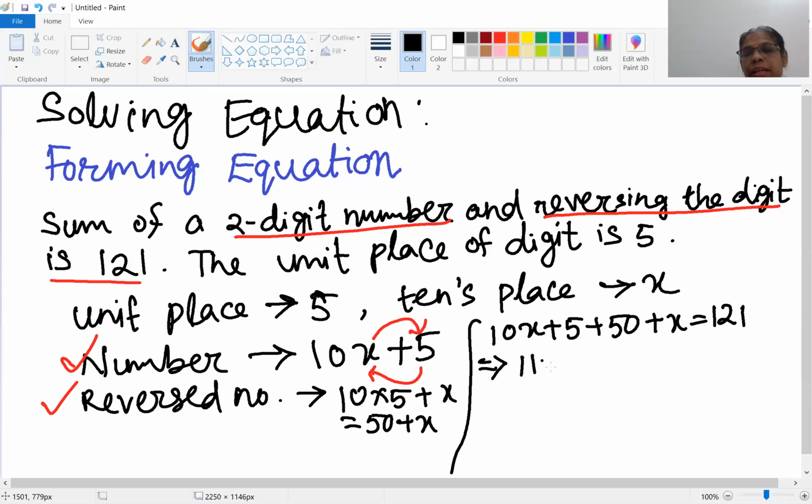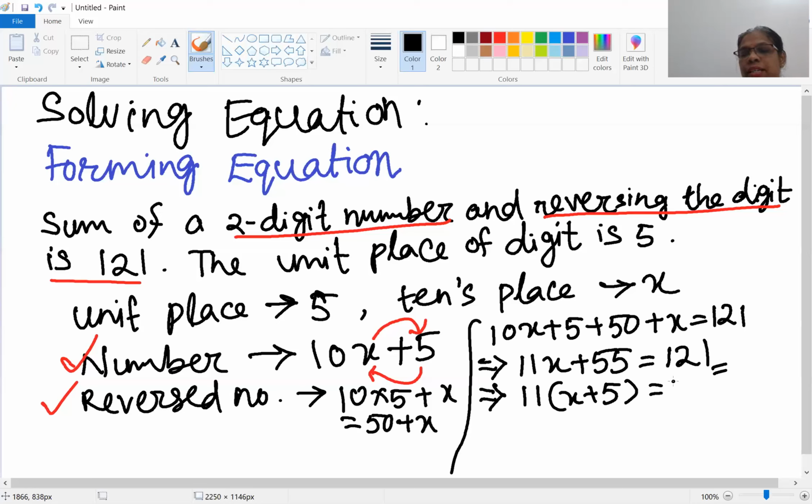Here 11x plus 55 is equal to 121. I am taking 11 common: 11 times (x plus 5) is equal to 121, which can be written as 11 multiplied by 11.